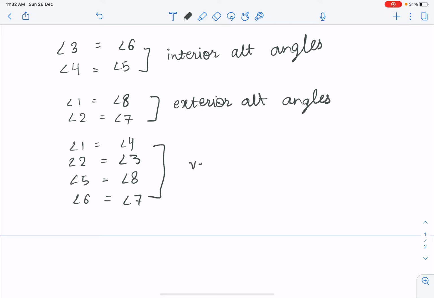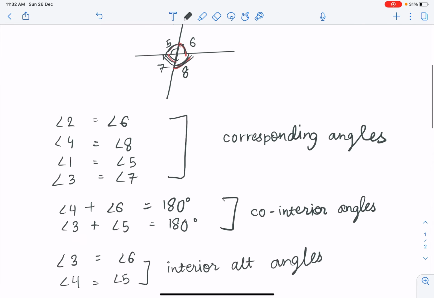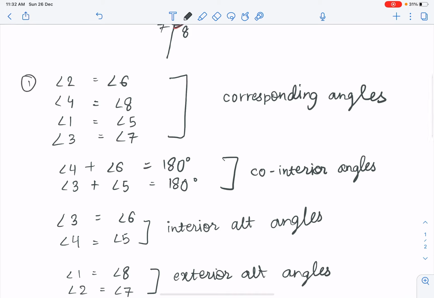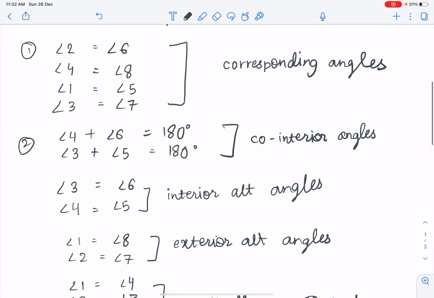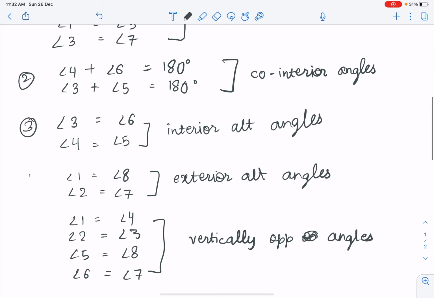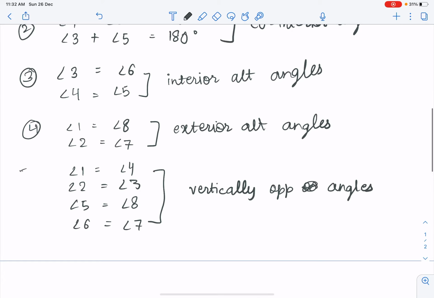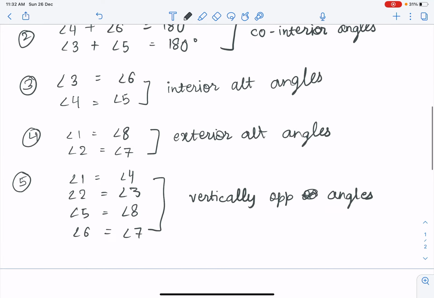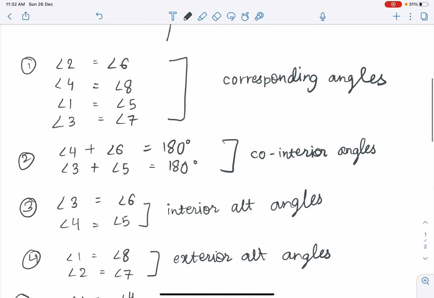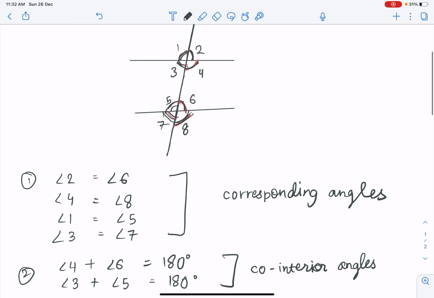Because of vertically opposite angles. Understood? These are the angles formed. Your first type, your second type, your third type, your fourth type, your fifth type. These are the 5 types of angles. There are more, but now we will learn only about these 5 types of angles.